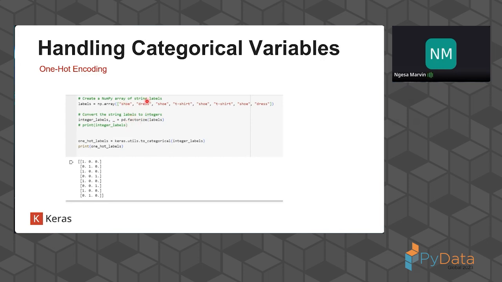If a dress is there, you make it hot. If something is available at that particular point, you make it hot, the same way you have it here. Ideally, each row represents a sample, and each column corresponds to one of the classes that you have. Then in each row, all the values are set to 0 except the column that corresponds to the class from which this image is taken. So that particular column, you make it hot when that thing is available.